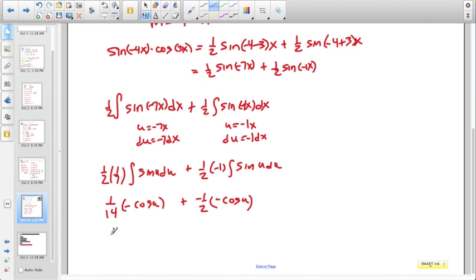But just to make sure you get the right substitute back in, this ends up being cosine of minus 7x. And this ends up being a minus and negative, it ends up being a plus. So we're back to a positive 1/2 here. Cosine of minus x. And then plus our constant of integration.